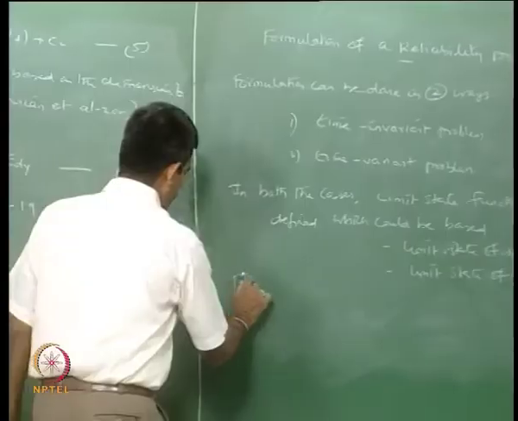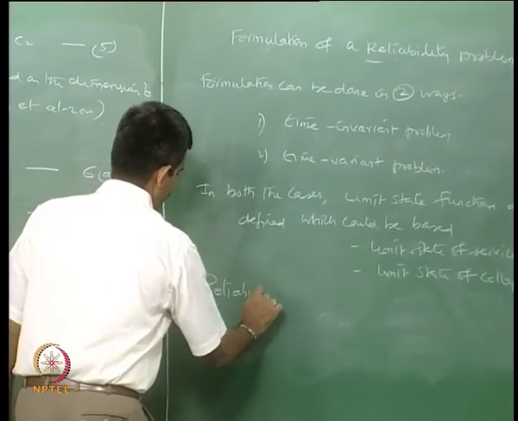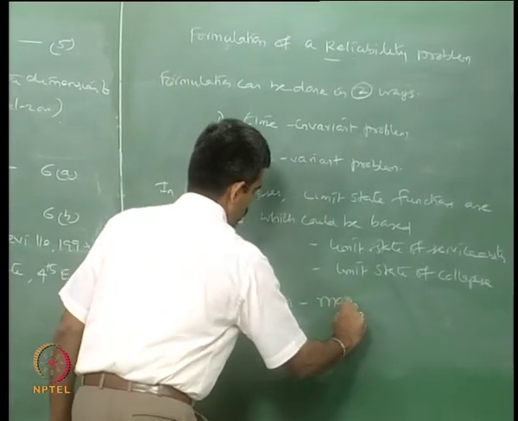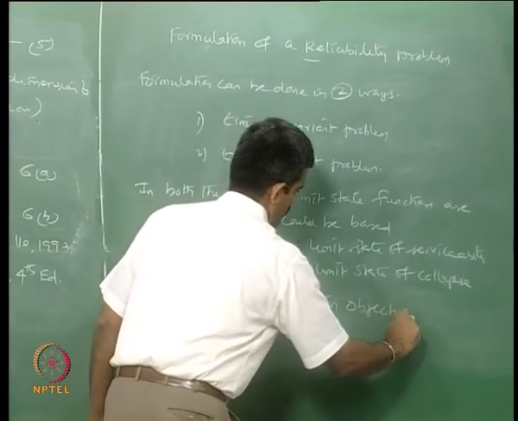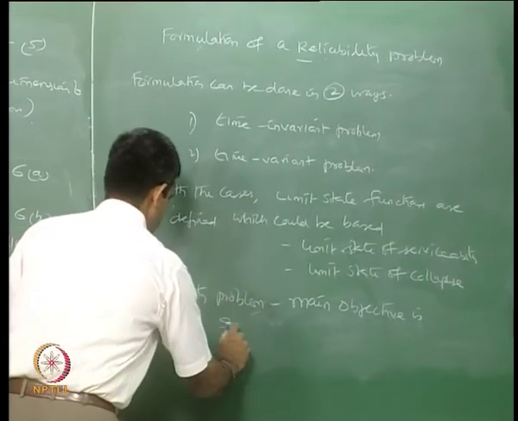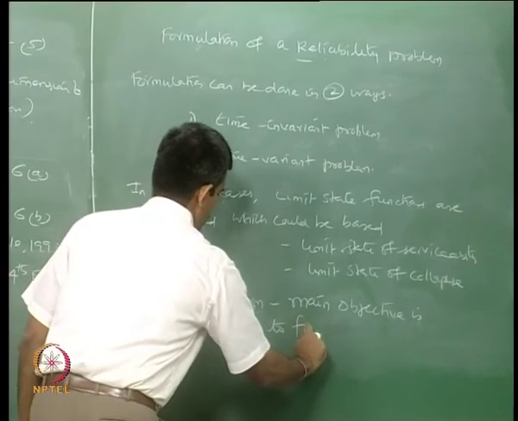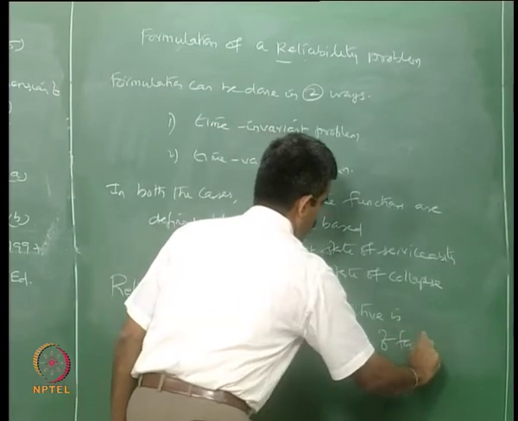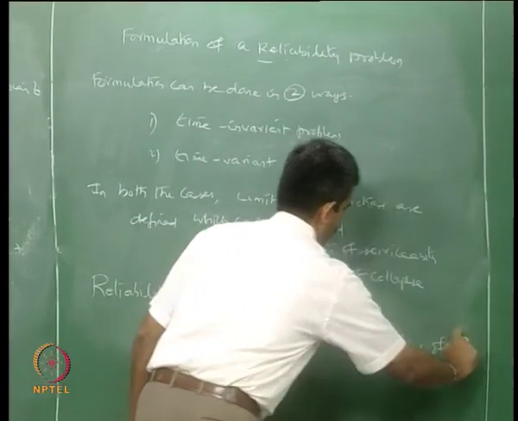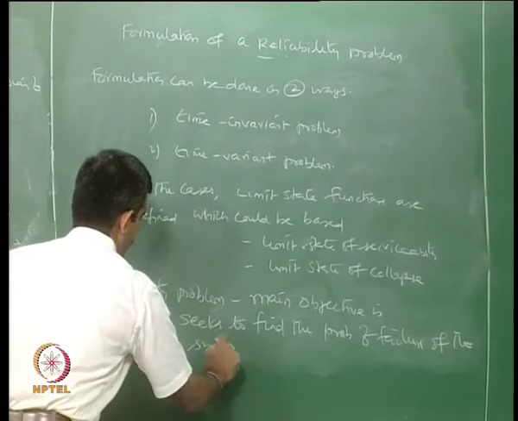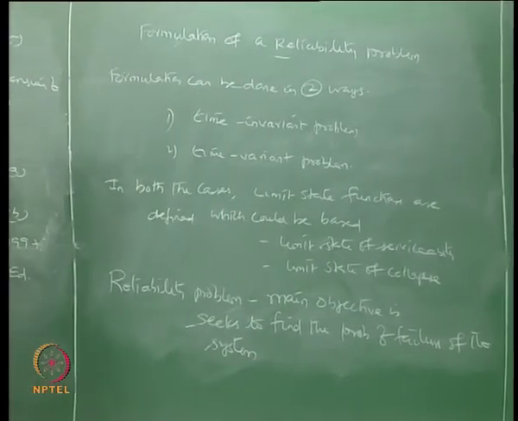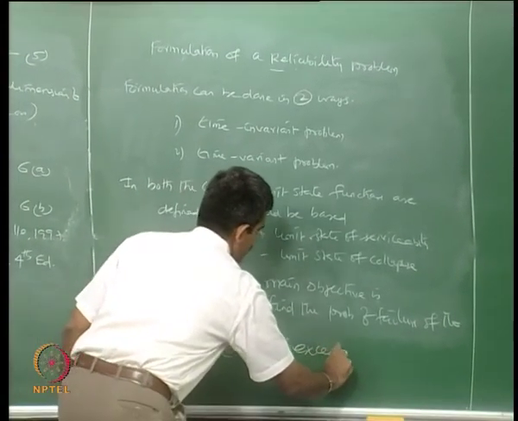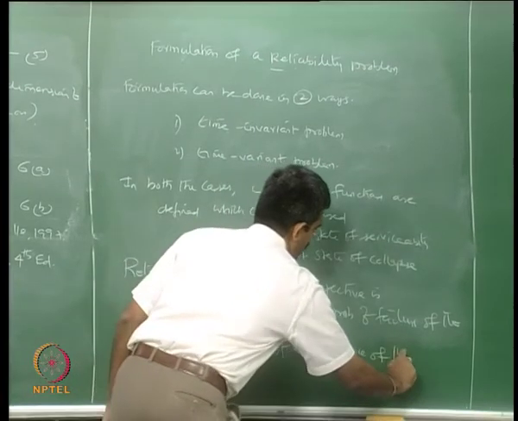So, the main objective of a reliability problem is that it seeks to find the probability of failure of the system, or probability of exceedance of the limit state.